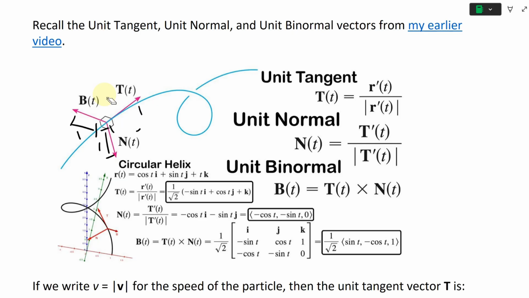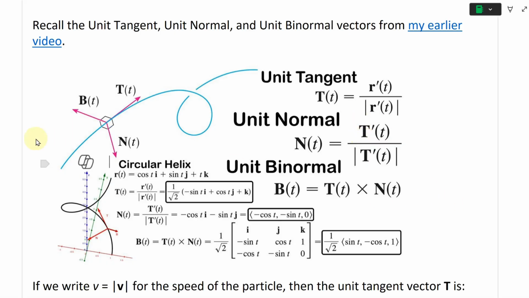So the unit tangent T is in the direction of the velocity. This is the derivative of the position vector divided by its magnitude. And then the unit normal is the derivative of this T divided by its magnitude.